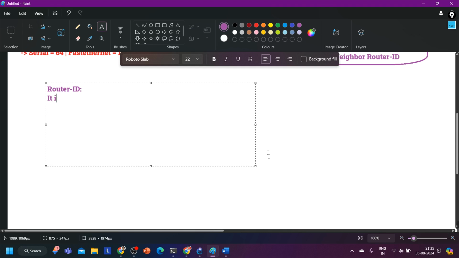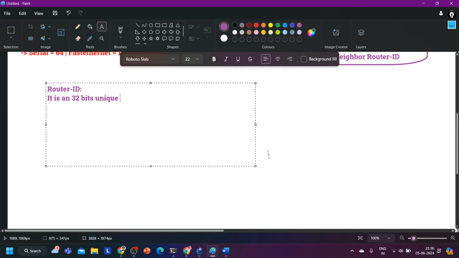It is a 32-bit unique number. If it is 32 bits, that means you can find the range, right? It is a 32-bit decimal, unique number used to identify a router and to represent it in the OSPF database, right?